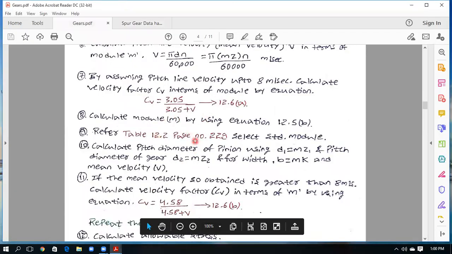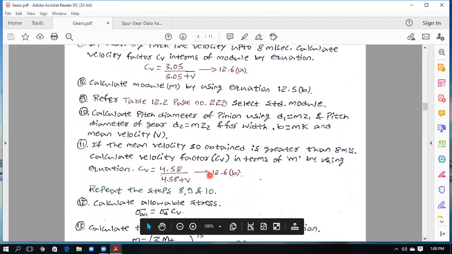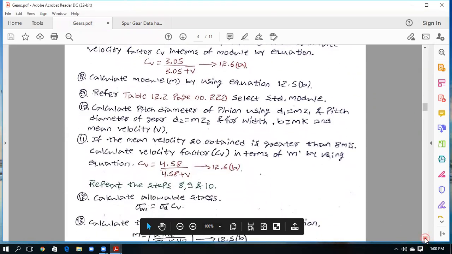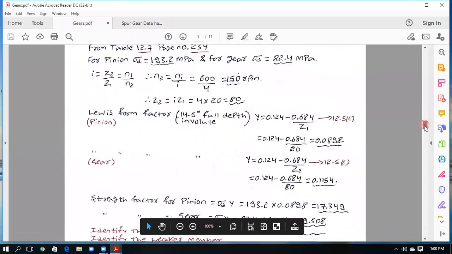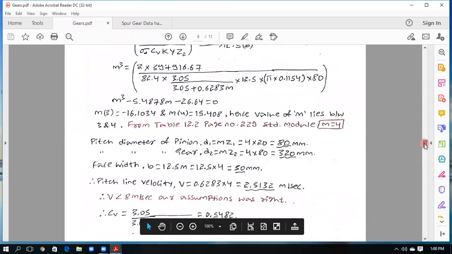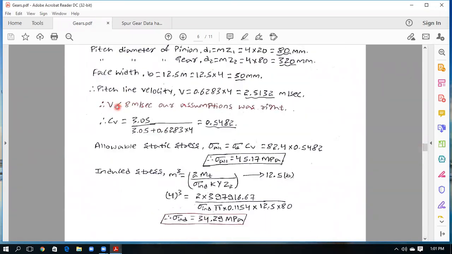By using that, you need to repeat once again. Here I used that and repeated steps 8, 9 and 10. But in this problem, the velocity I get is less than 8 meters per second. That's why our assumption was right.